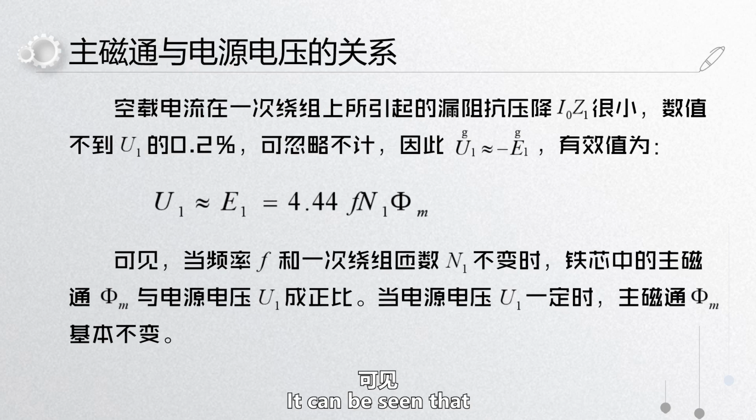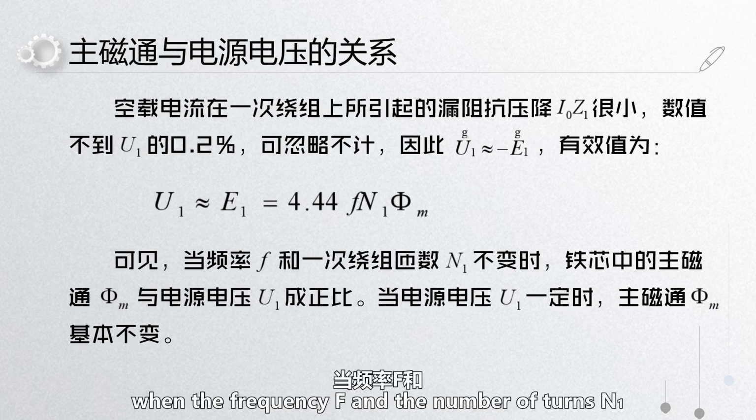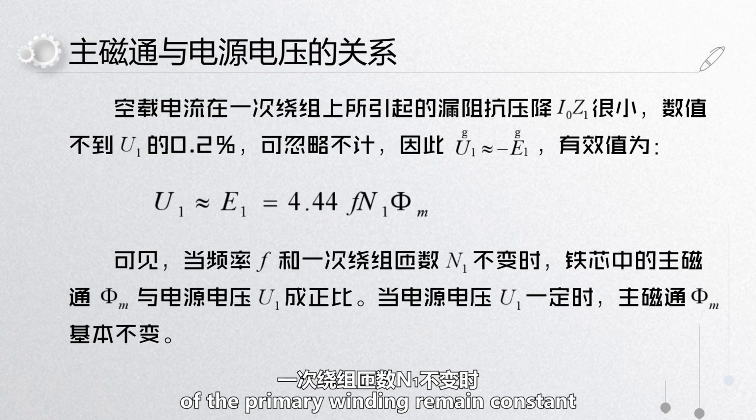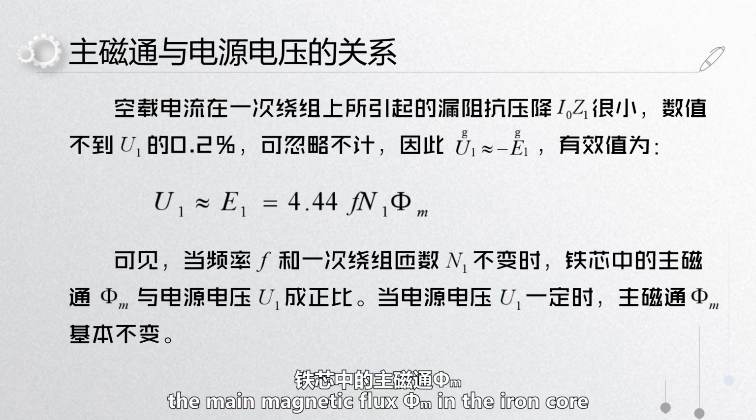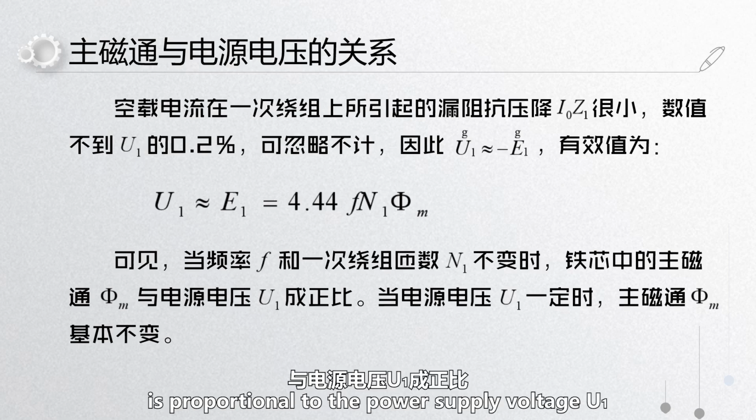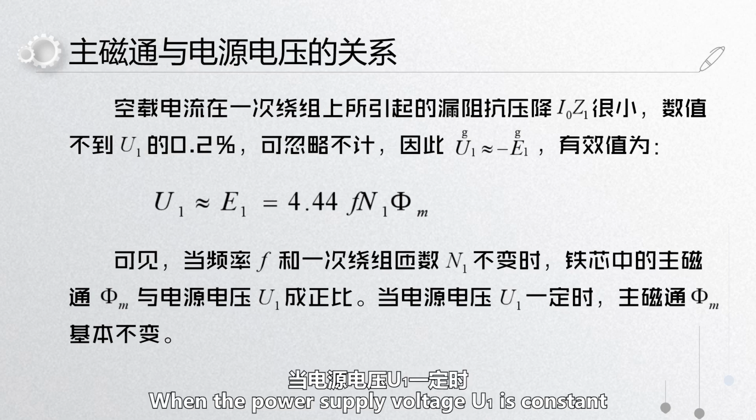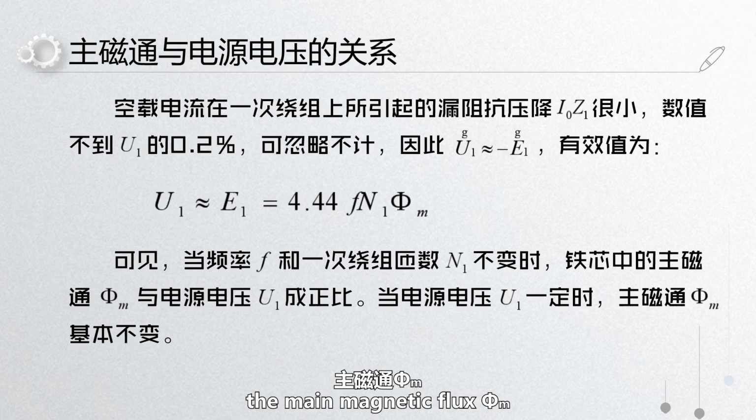It can be seen that when the frequency F and the number of turns N1 of the primary winding remain constant, the main magnetic flux phi m in the iron core is proportional to the power supply voltage U1. When the power supply voltage U1 is constant, the main magnetic flux phi m remains basically unchanged.